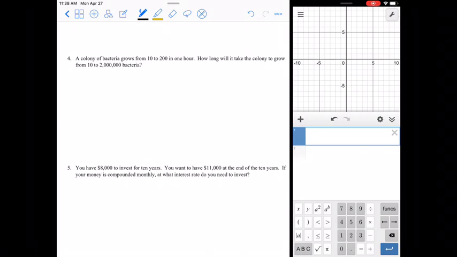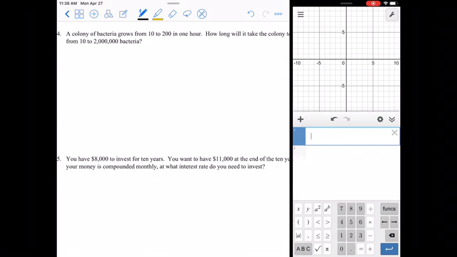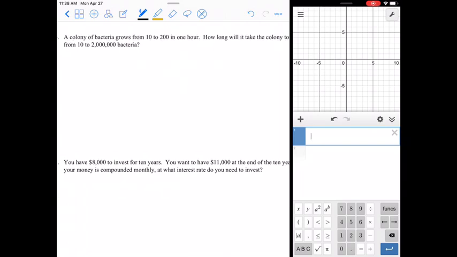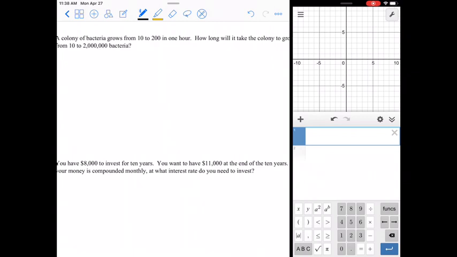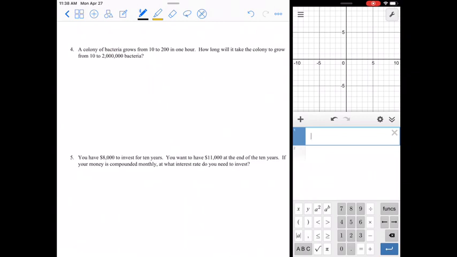So number 4 is a problem that does not deal with interest. We are going to look at a colony of bacteria that grows from 10 to 200 in 1 hour. How long will it take the colony to grow from 10 to 2 million bacteria? And so we are actually going to be using this A equals A naught times the rate raised to time formula.